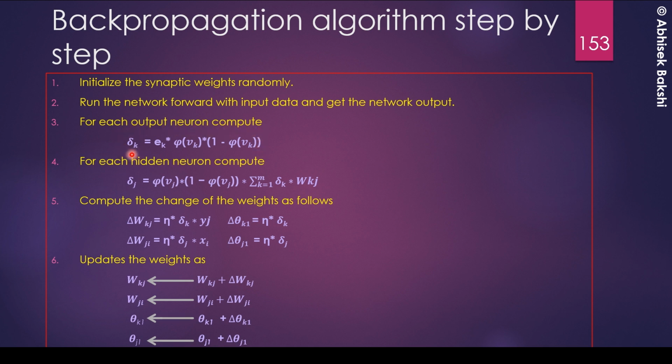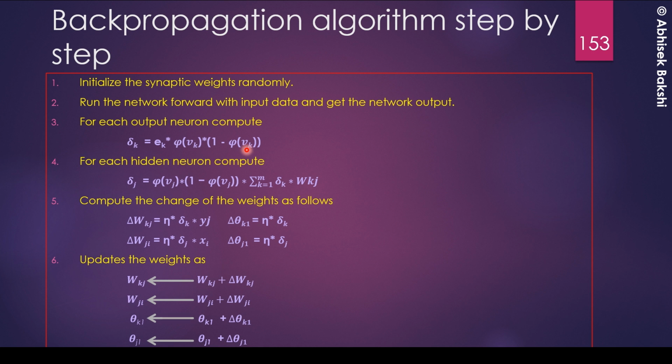Delta 1 equals error 1 into phi of v1, into 1 minus phi of v1, right? Delta 2 equals E2 into phi of V2 into 1 minus phi of V2.